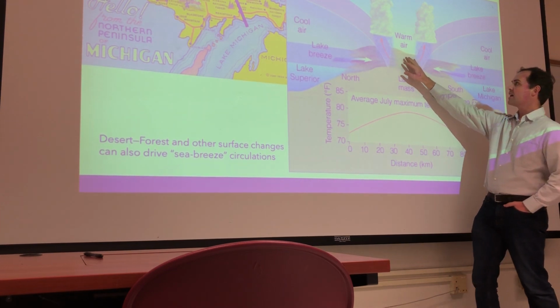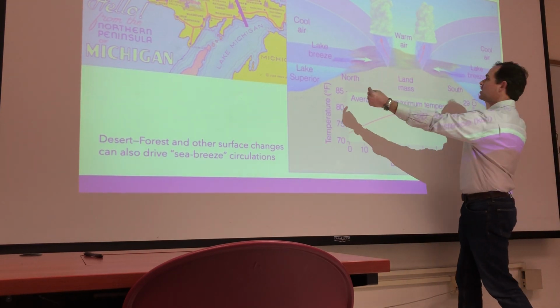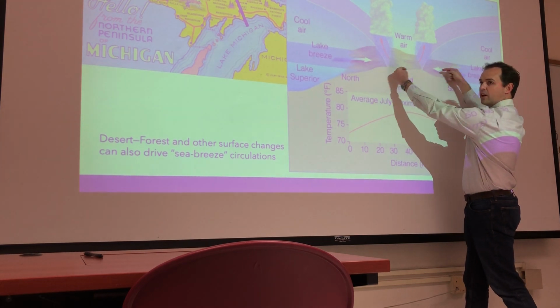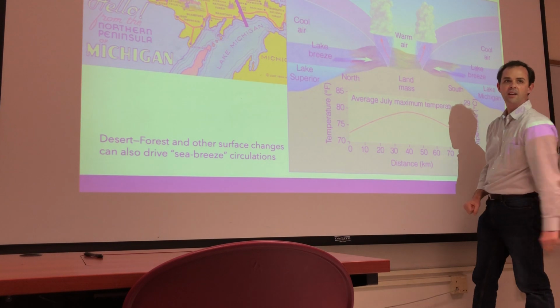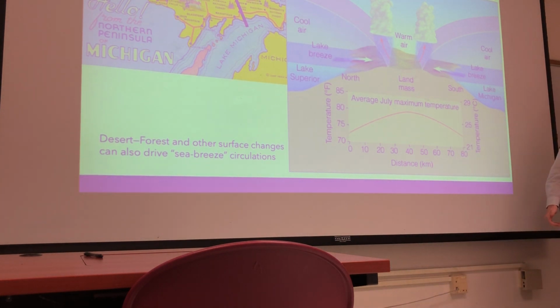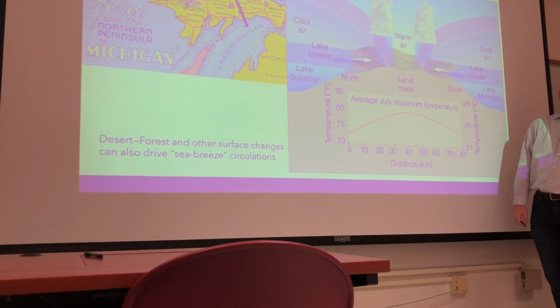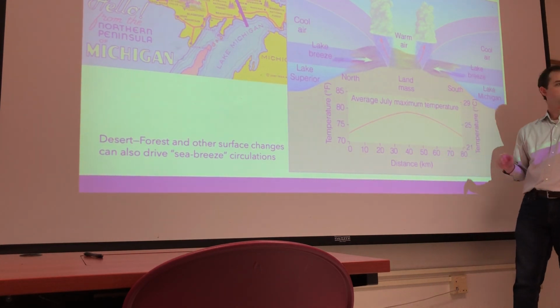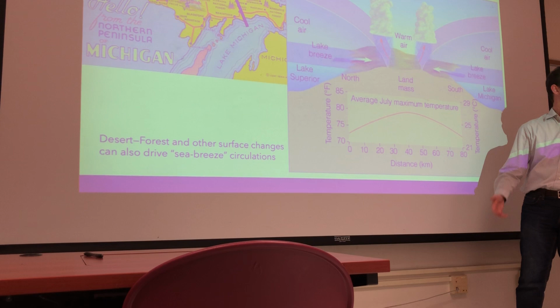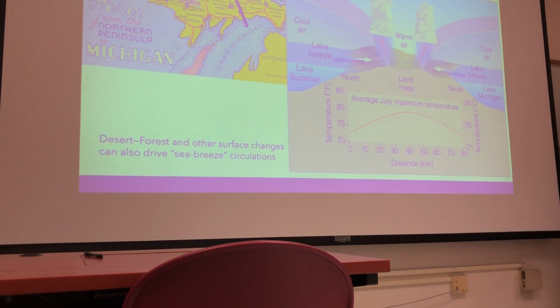The second is that as a result of the circulation it sets up, you have cool air flowing in from the lake. So as you go closer and closer to the lake, you have lower and lower average summer highs. So this temperature pattern is both a cause and an effect of this circulation. So clouds tend to form along the center of this.